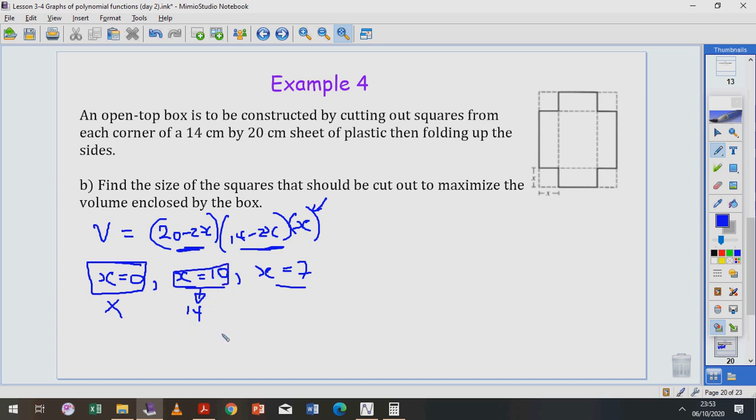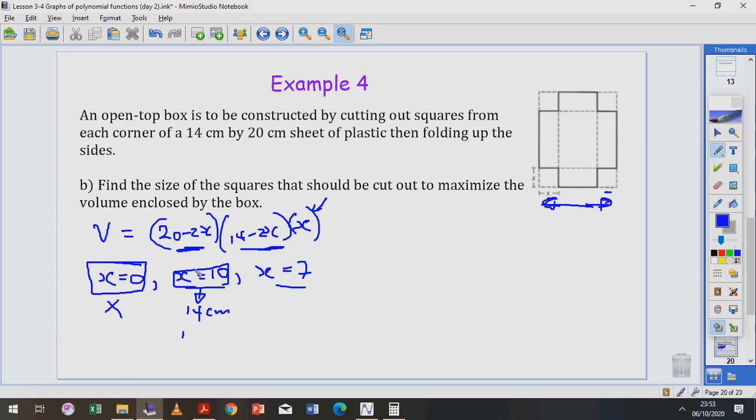Let me explain that again. The width of the box before I cut it was just 14 centimeters. Now if I'm cutting out a value of x is equal to 10, and remember I'm cutting out 2 x's from each side, there's no way that I can cut out 20 from 14. I'll have run out of space.